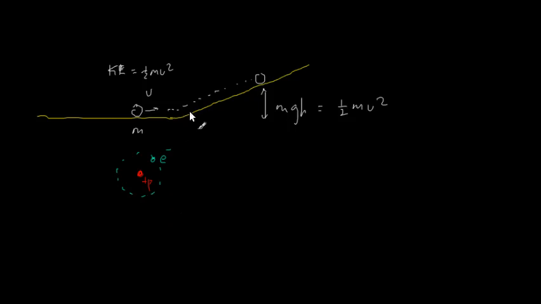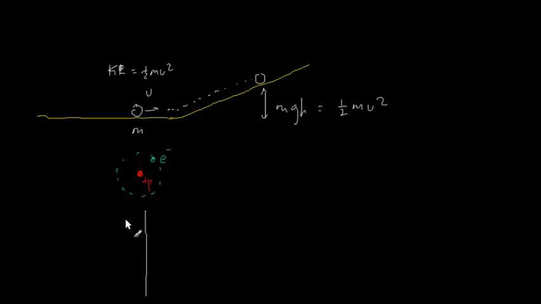So what I want to do is use this idea of going up a hill. Let me think about the potential energy of the electron due to attraction by the nucleus. Now that is not unlike this hill slope.